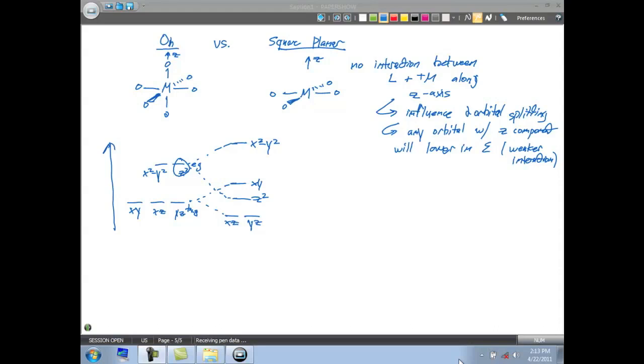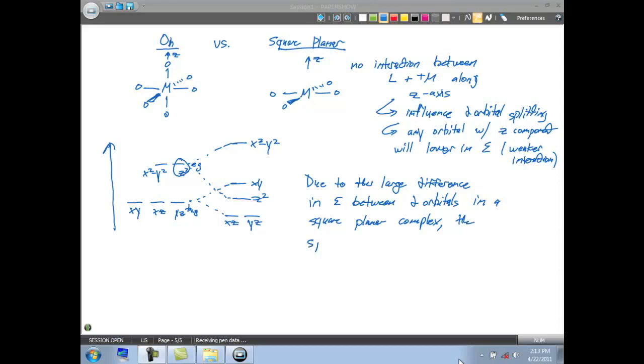This really isn't drawn to the best scale, but due to the large difference in energy between d orbitals in a square planar complex, the square planar always gives low spin.